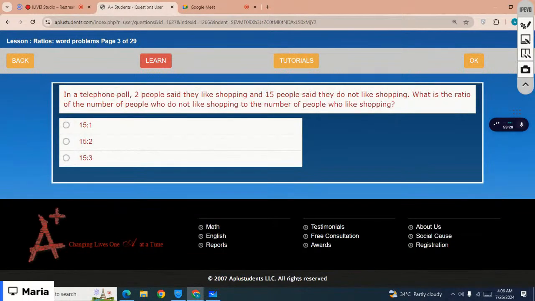In a telephone poll, 2 people said they like shopping and 15 people said they do not like shopping. What is the ratio of the number of people who do not like shopping to the number of people who like shopping? Which is the correct option?